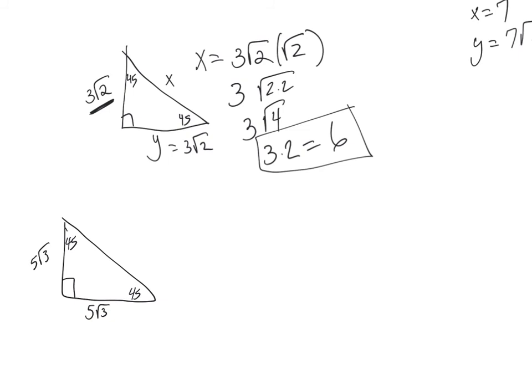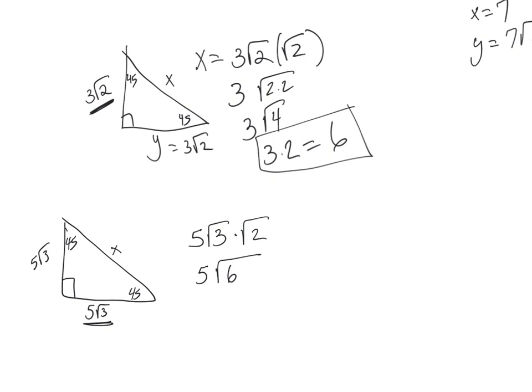And then based on my shortcut, it's the length of my leg, which is 5 square root 3 times the square root of 2. That will give me the length of the hypotenuse. So in this case, 3 and 2 are both prime numbers. So you just multiply that together, you get 5 square root 6, and that would be the length of my hypotenuse.